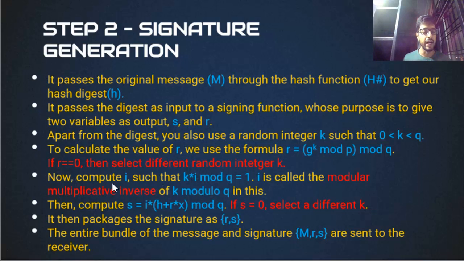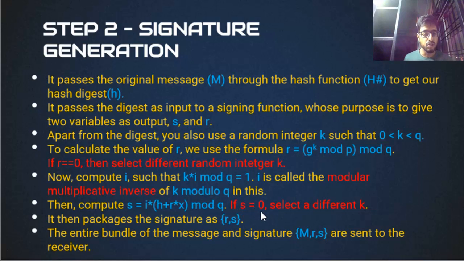Now we compute i such that k times i mod q is equal to 1. i is called the modular multiplicative inverse of k modulo q in this case. Then we compute S, which is equal to i times (h plus r times x) mod q.